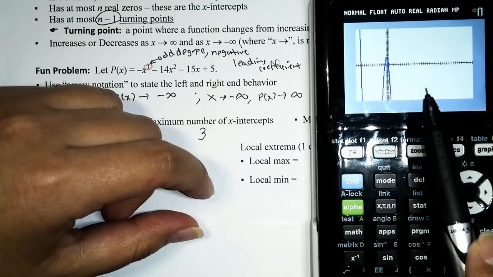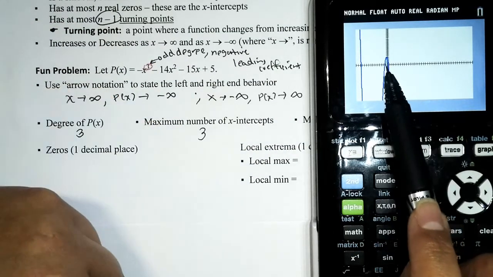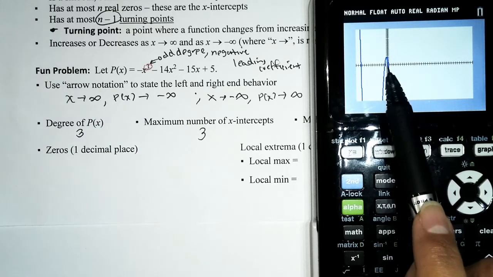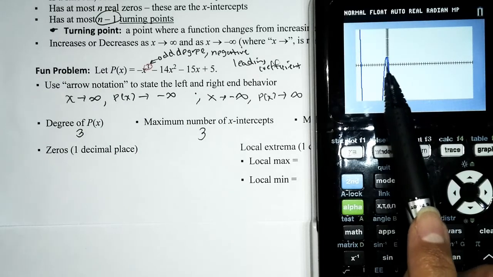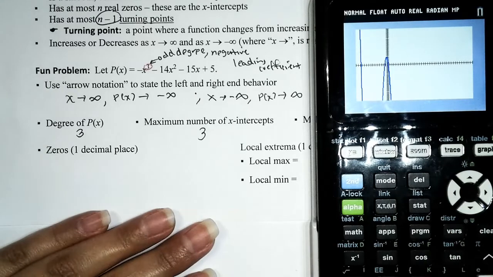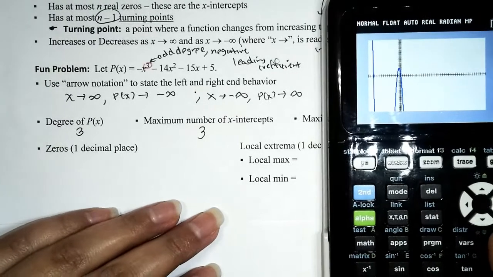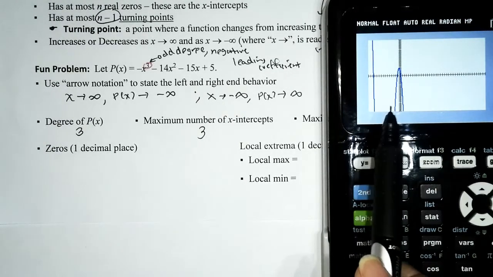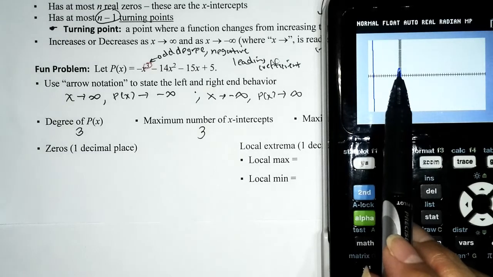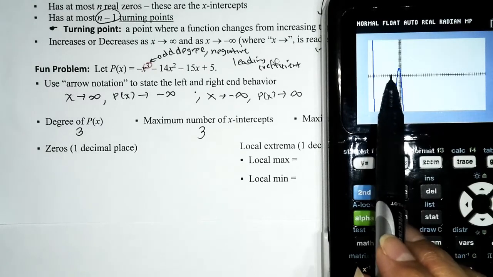Cool. Yeah, so notice how this space right here is too close for comfort, so I don't really like it. Why? One of our problems is to find the local extrema, so we want to find the local max and local min. I can point to the local max, but when it's so close, it's really hard for me to put the cursor to the left and to the right.